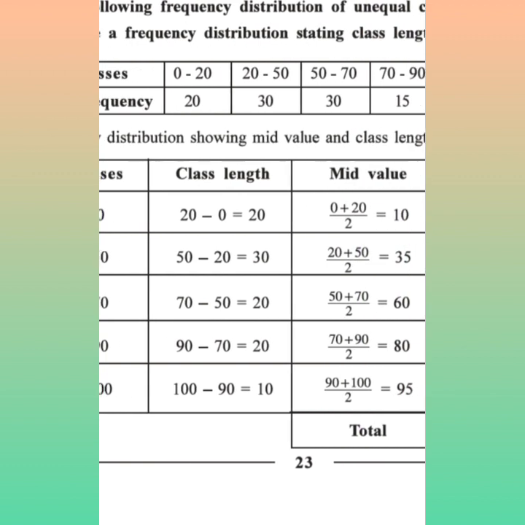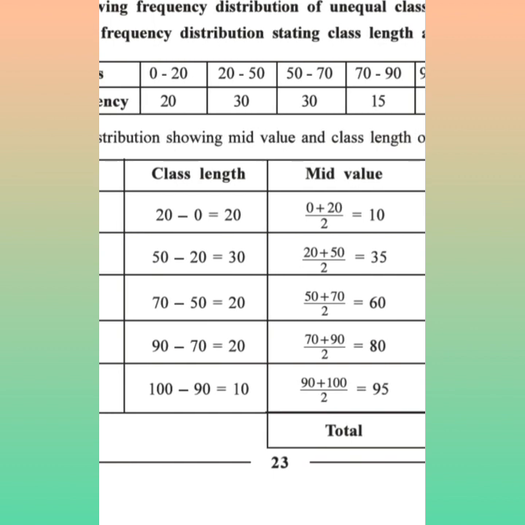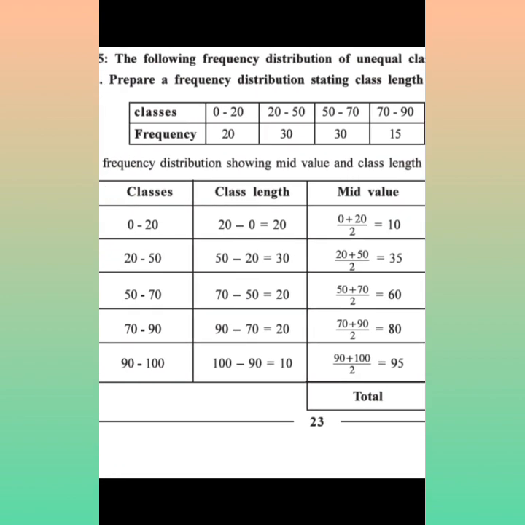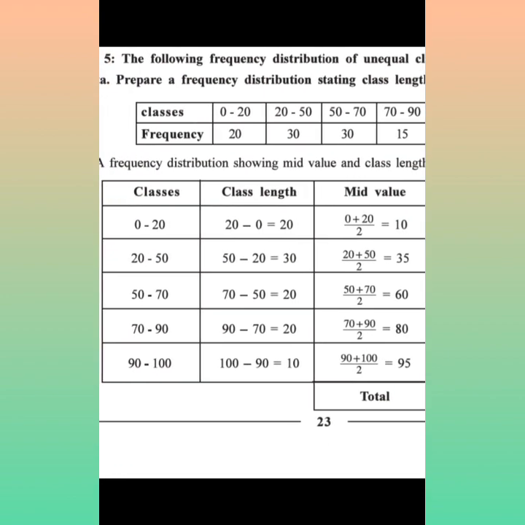Now how shall we find the mid value? They have asked us to find the class length, which we have found. Now we are finding the mid value. For the mid value, we have seen that it is always the upper limit plus the lower limit, whole divided by 2. So over here, 0 to 20 is given to you. So 0 plus 20 divided by 2 will give you 10.